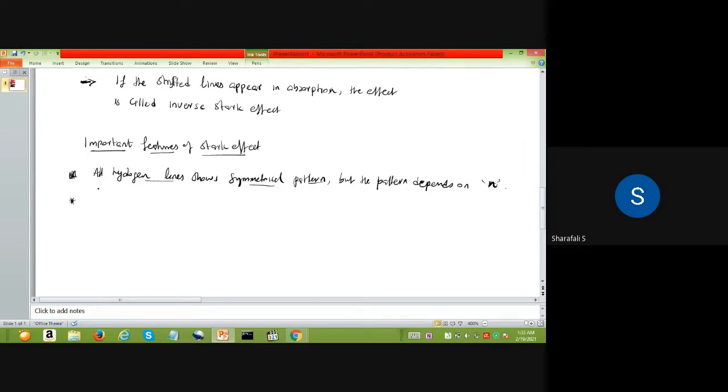And the second point is that the wave number shifts are integral multiples of the field, which is proportional to the strength of the electric field.